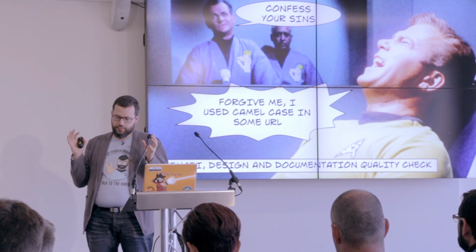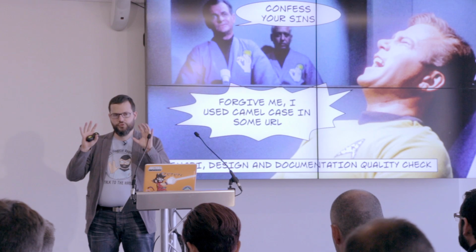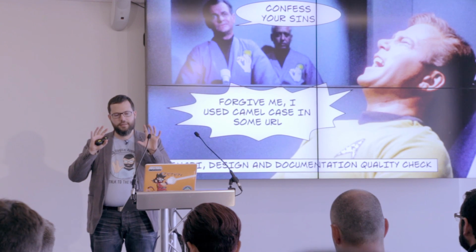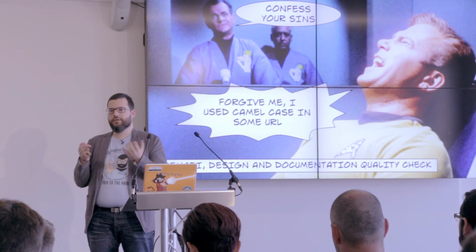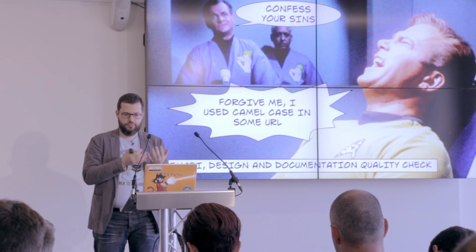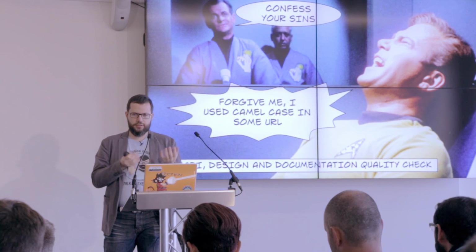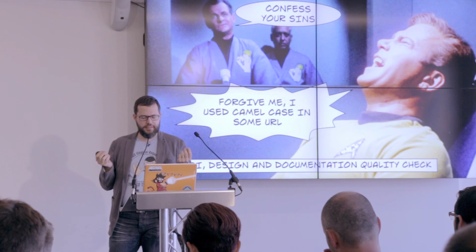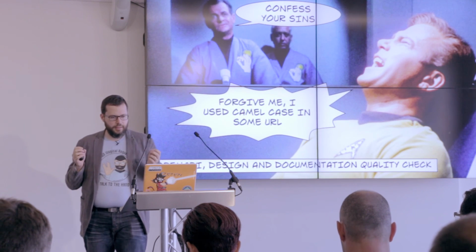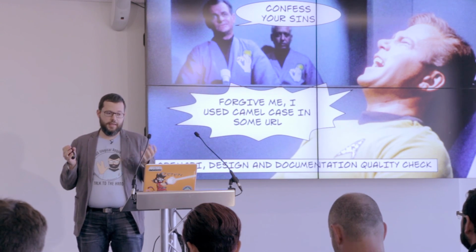Jason told us he was working on some kind of tool that can check if a design conforms to rules. He called that the Swagger API checkstyle. This is a great idea.